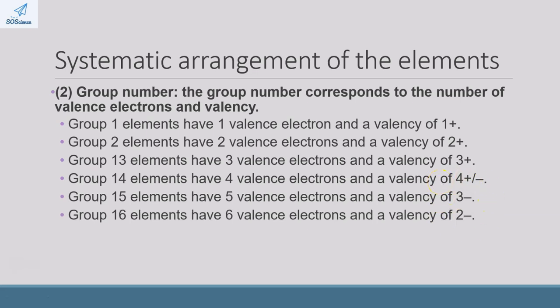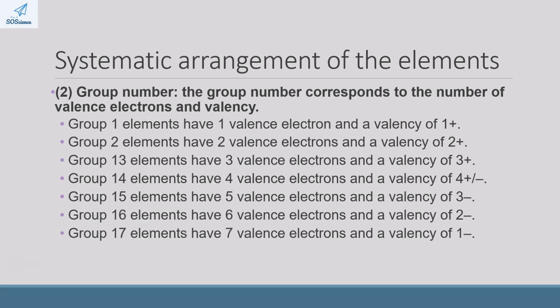Group 16 elements have 6 valence electrons with a valency of 2 minus, and group 17 elements have 7 valence electrons and a valency of 1 minus. Remember that the ions that are 1 plus, we simply represent as plus, and the ions that are 1 minus, we simply represent as minus.